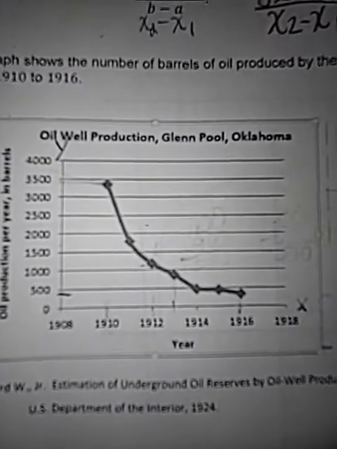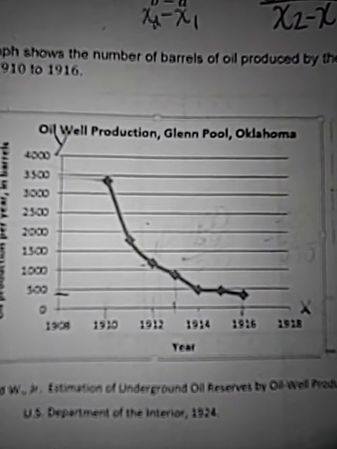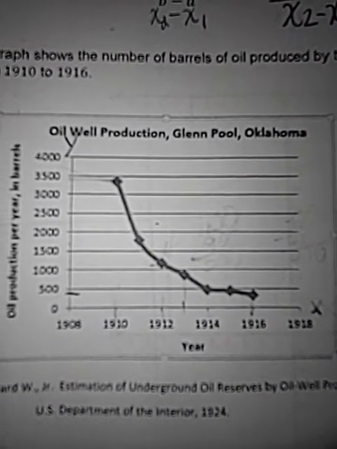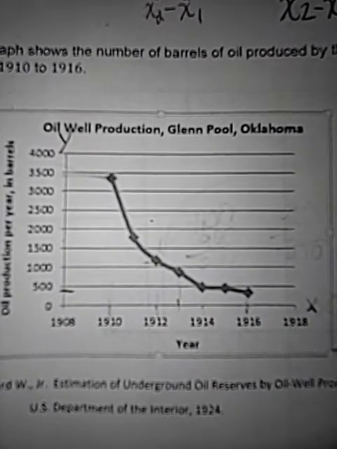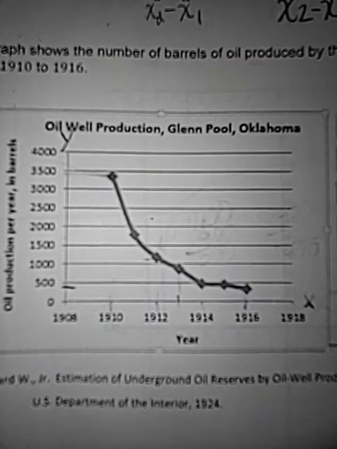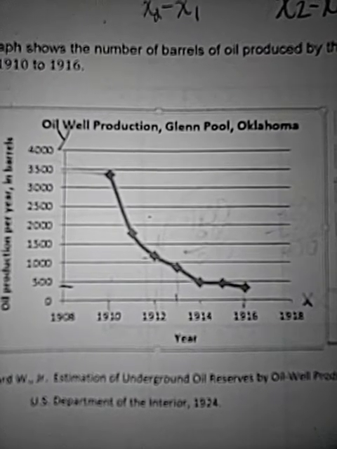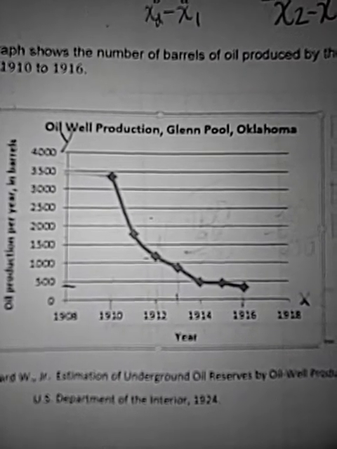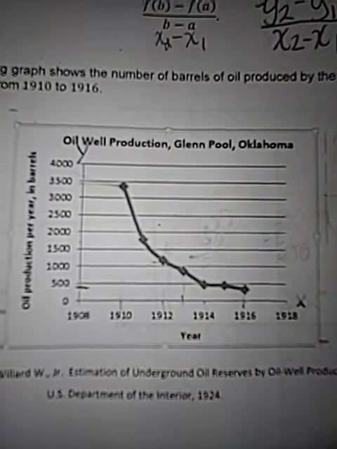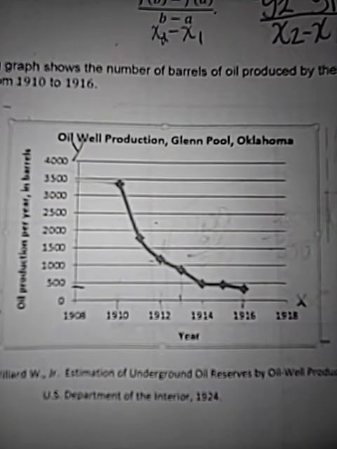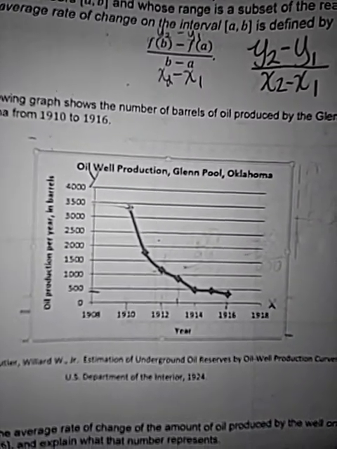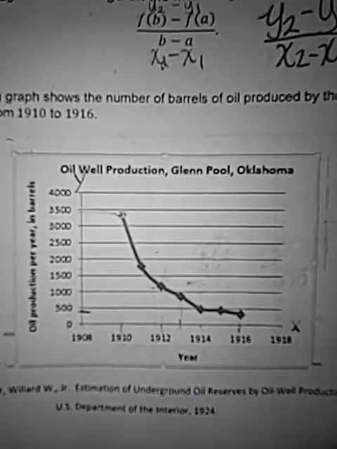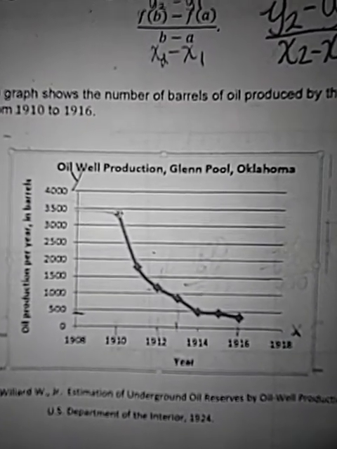All right, so if you're looking at this graph here, they're discussing an oil company and the number of barrels of oil that are produced per year. So I'm going to use my average rate of change formula, my slope formula, to find the rate of change from 2 different points. So I'm going to find the rate of change from 1912 to 1914.